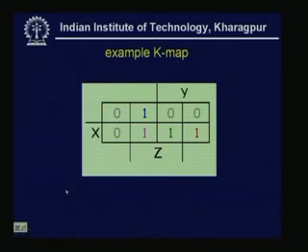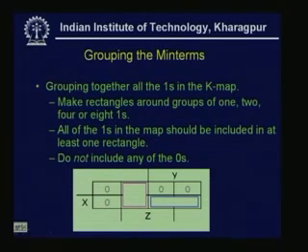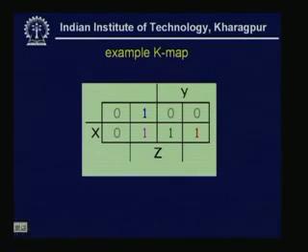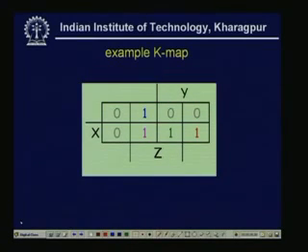Now, as we have already seen, if I take the adjacent 2 cells, these 2 are adjacent, and these 2 are adjacent cells. Now, easily this can be reduced.